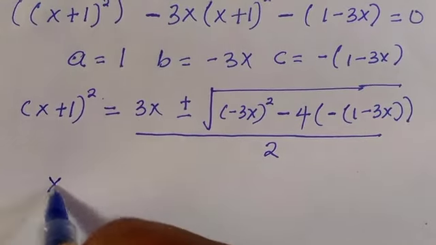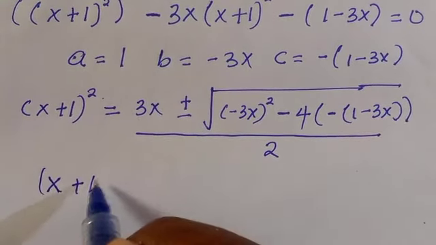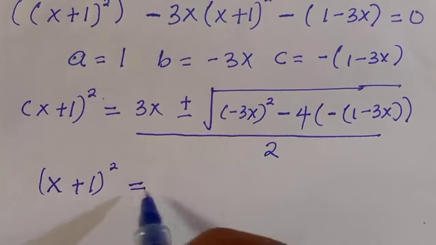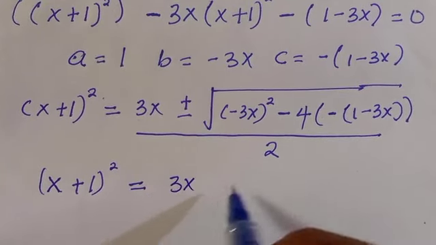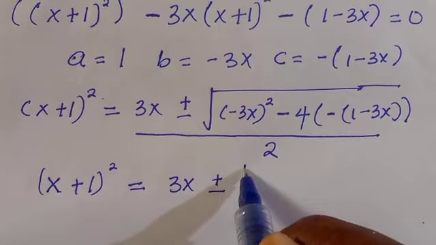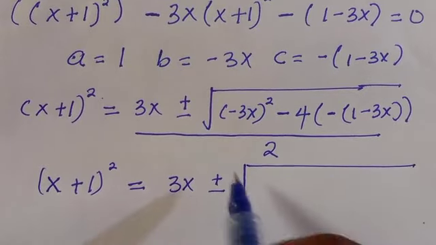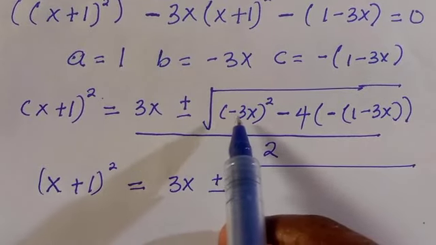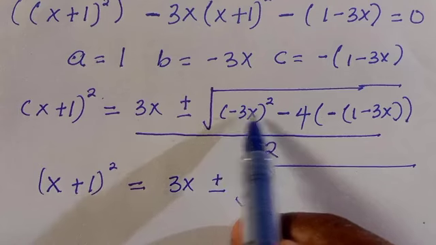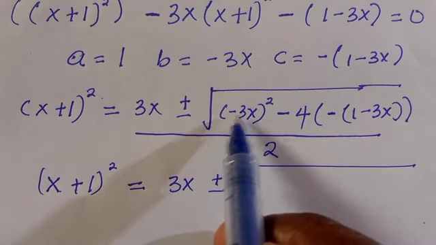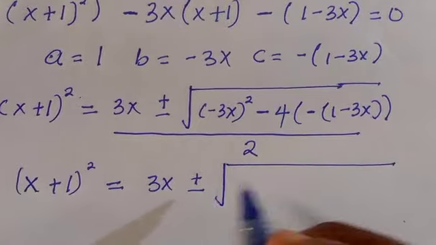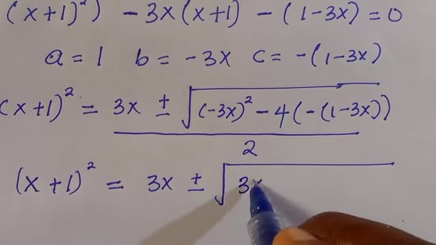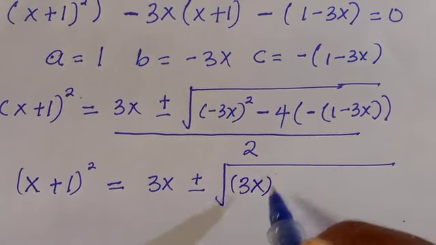So the next thing is we have (x+1)^2 equals 3x plus or minus the square root of... for this one the negative will go here when we open the parentheses, and what you have here next is just (3x)^2.